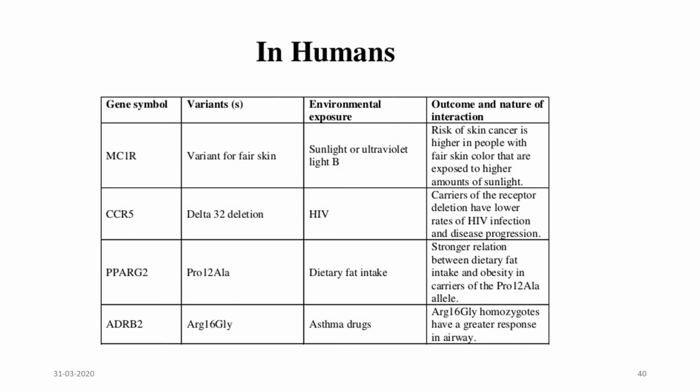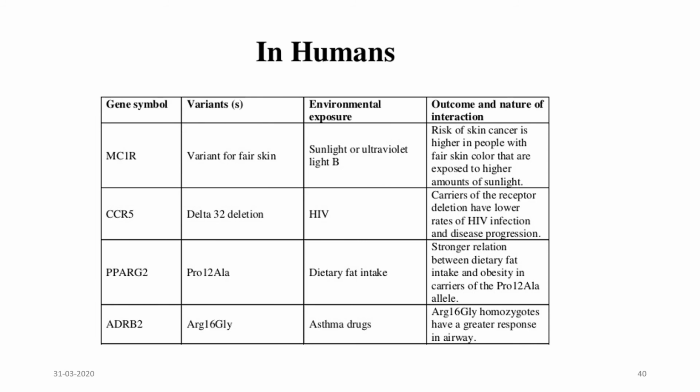MC1R, the receptor for alpha melanocyte stimulating hormone, present in skin, responds to exposure to UV light. If the person has a genetic defect, then there is a higher risk of skin cancer in people with very fair skin.